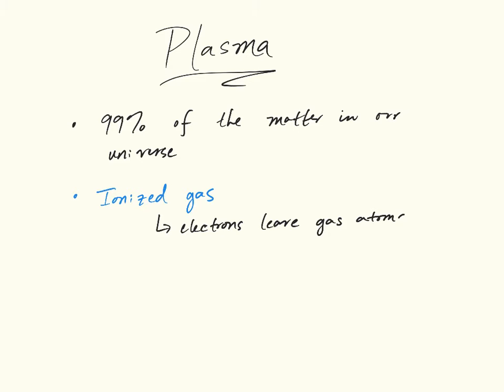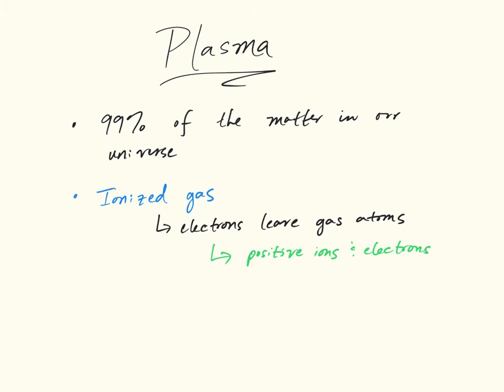So a plasma is composed of positive ions and electrons, which is a very unique case. That doesn't happen in the states of matter that we're used to dealing with, solids, liquids, and gases. Typically, we just have the atoms there.